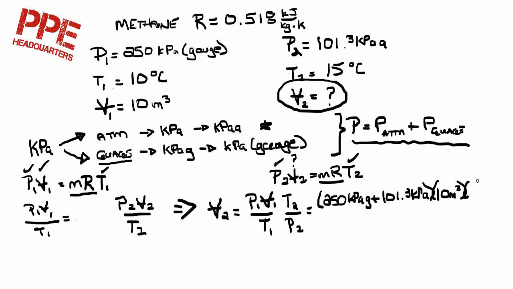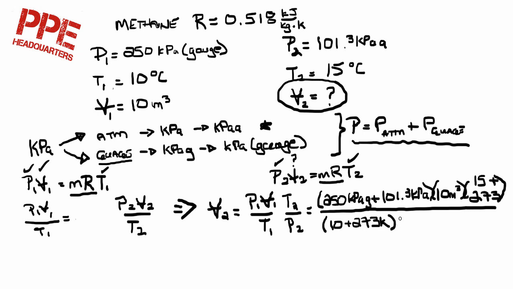Our temperature 2 is 15 degrees C plus 273. This whole thing divided by T1, which is 10 degrees C plus 273 Kelvin. Now, P2 is 101.3 kPa. That's already in atmospheric.